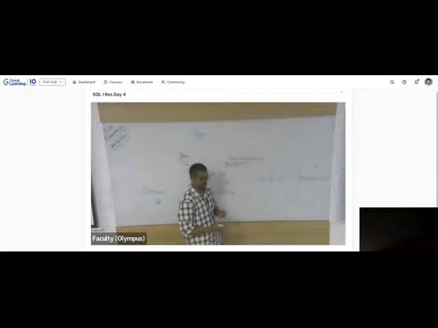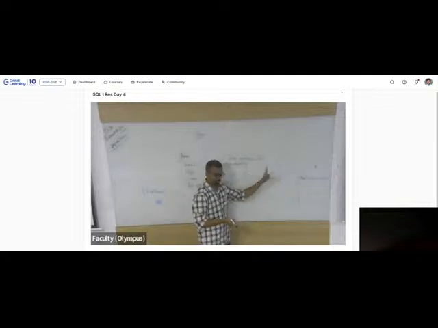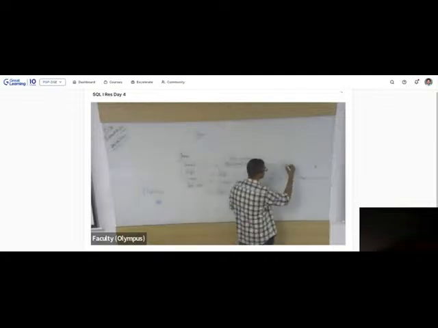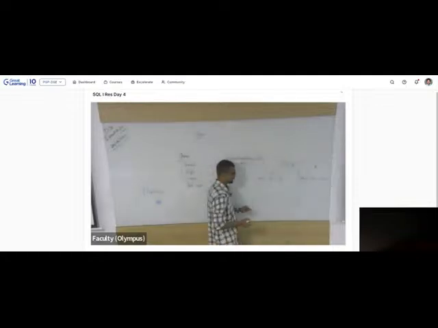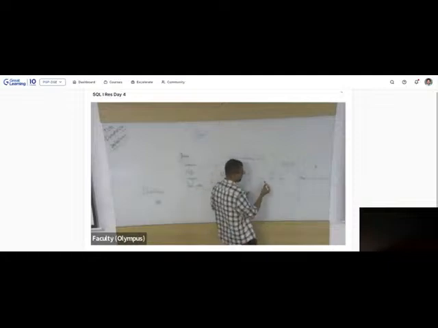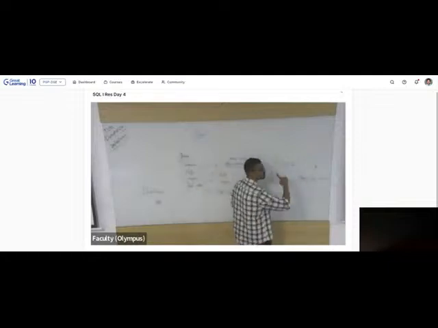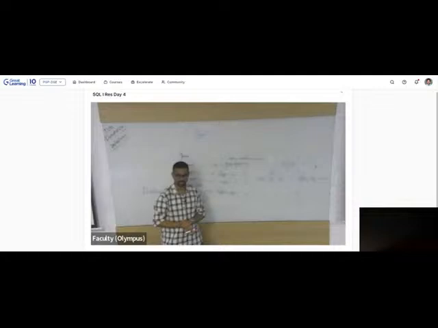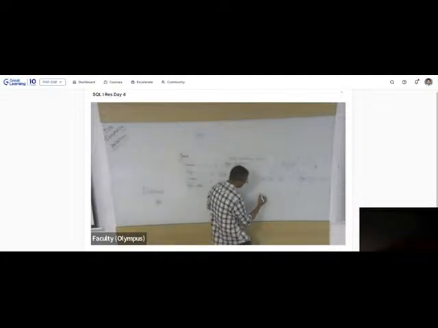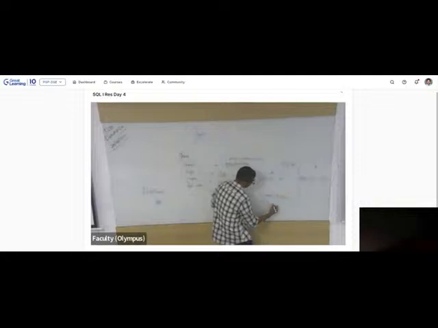If I do a join between these 2 tables and I make this a natural join, whatever column names are common between the 2 tables will be used to join them. So what will be the on condition? It will be a.name is equal to b.name and a.age is equal to b.age.